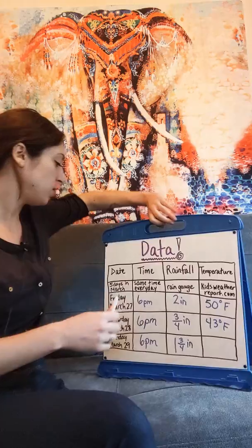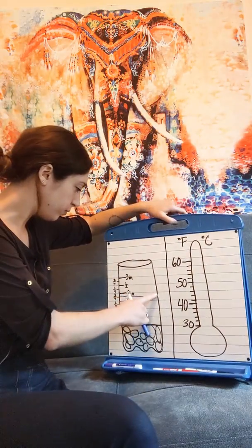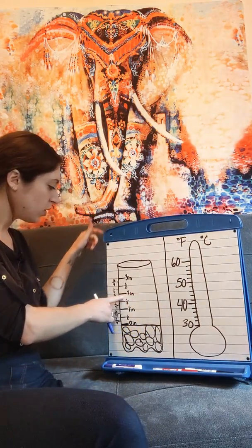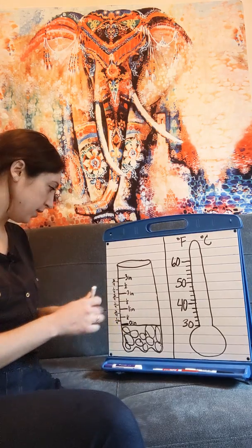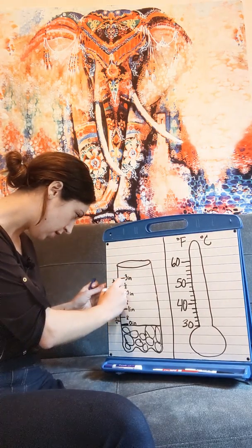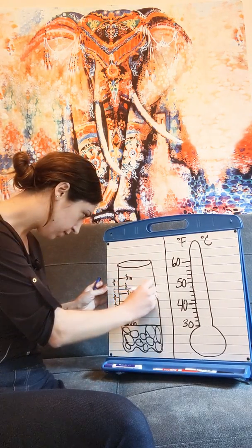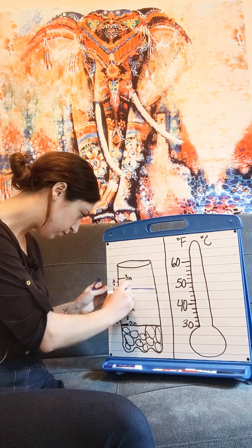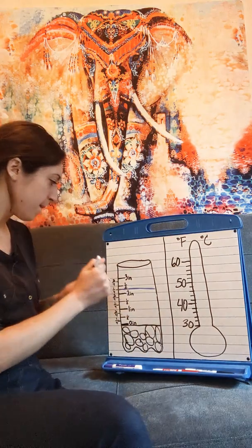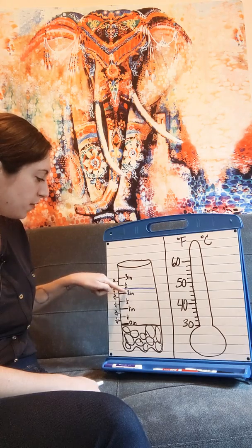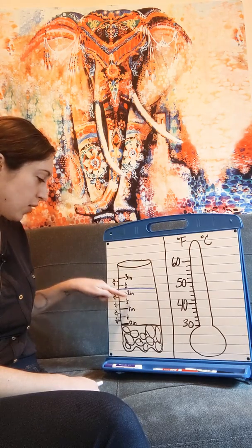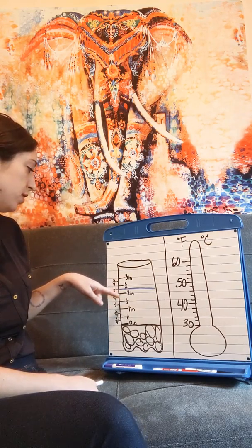Let's say it rained a lot that day and it was filled to here. It's just above 2 inches. It's not quite 2.5 inches.